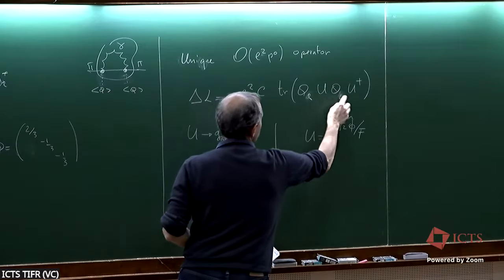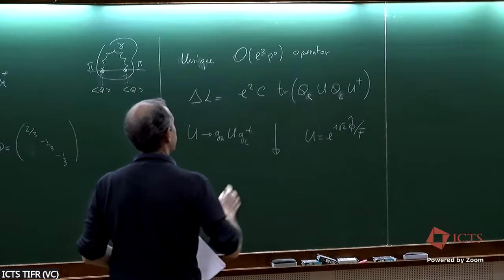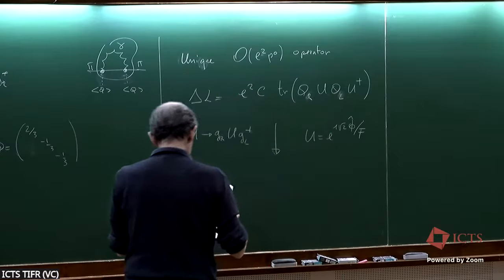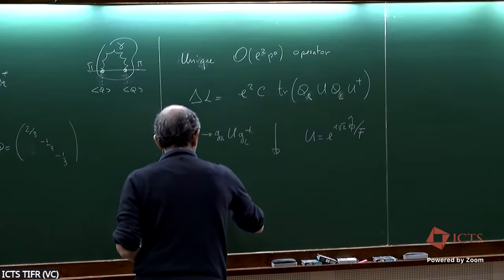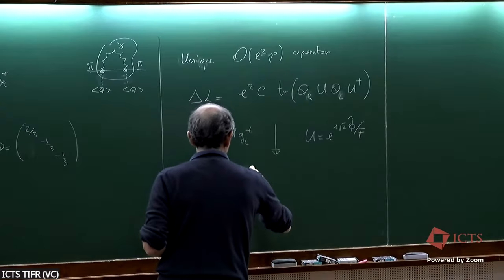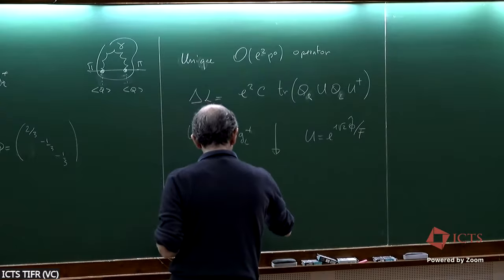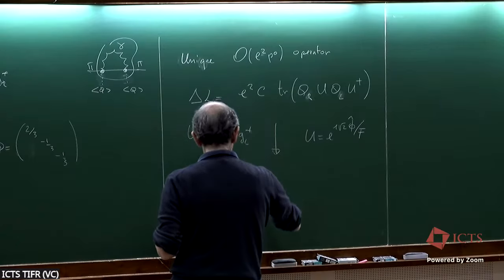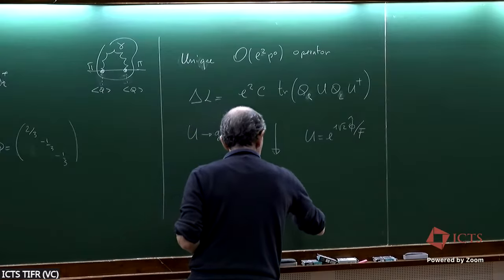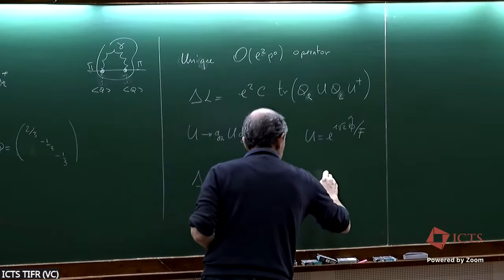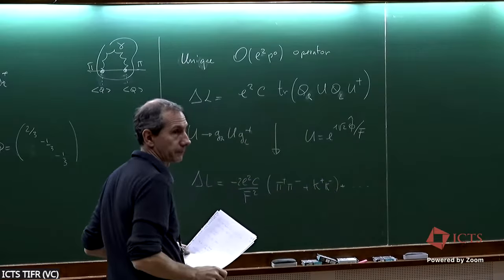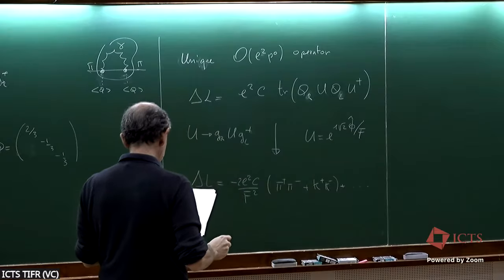You get two pions from here, and the only terms that do not vanish are with pi plus or K plus. I don't do that again because it was done nicely in the previous lecture. If I expand this Lagrangian, I get terms with more pions, just doing the expansion, and this gives you a correction.